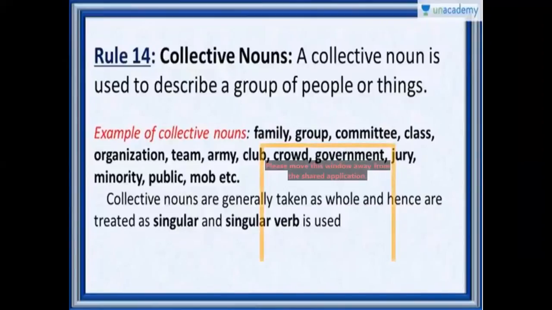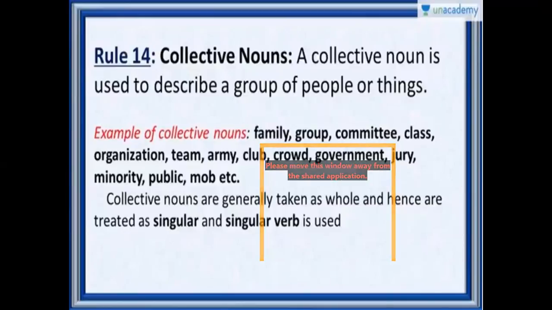Now the population in India is so and so. If population is taken as a singular collective noun, you have to use singular.